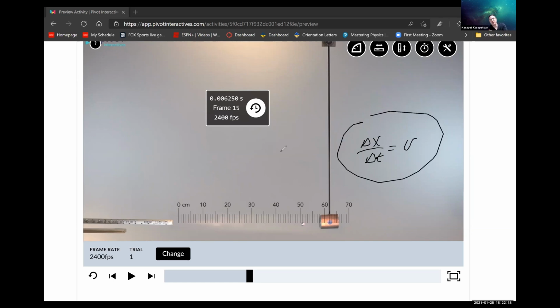Then compare it to the speed from experiment one. That means this is your velocity one and velocity two, and you want to compare them to see if you are getting anywhere close to the same value. Questions on this second part?